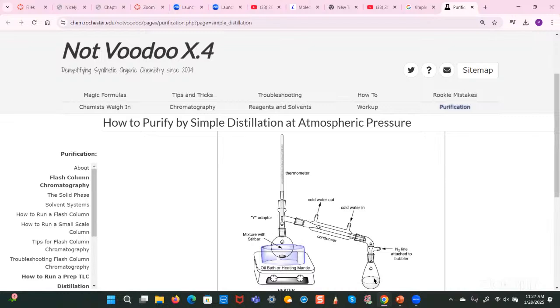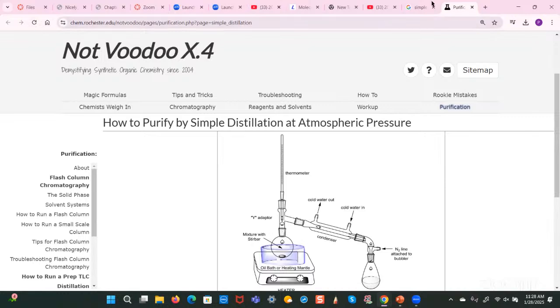And you have other types of distillation depending on the type of mixture you're working with. This works best if the difference in the boiling points between the two liquids is more than 80 degrees, right? Now, if the difference is smaller, then you have to make some modification. For example, there is what they call fractional distillation.